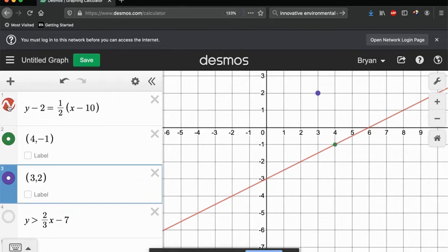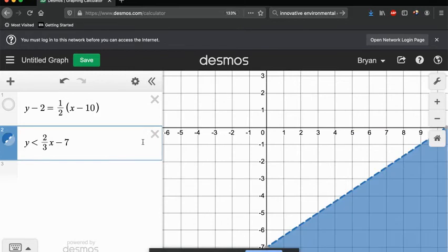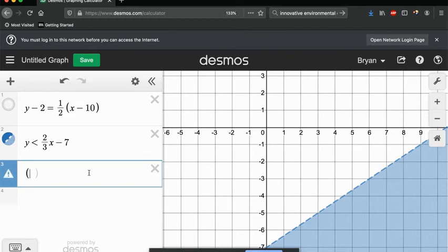So I'm going to close this out. All right, so once I click this, notice how this whole region down here is being shaded. So if I take the first point we said was a solution, 12, 0, first it's not showing up.